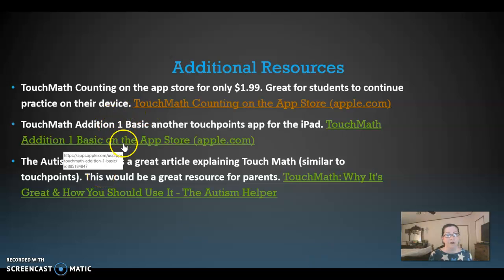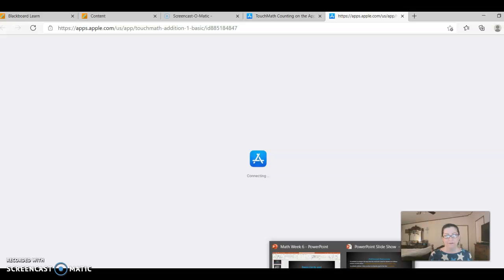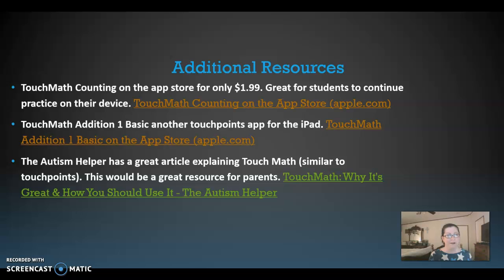And there's another one here from the App Store that works with the iPad. Let's see if it'll come up. Okay, so maybe not. That's all right. I'll include the PowerPoint in the discussion post. And here is an article from the Autism Helper. It's a great article explaining touch math, which is similar to touch points, and it would be a great resource for parents.